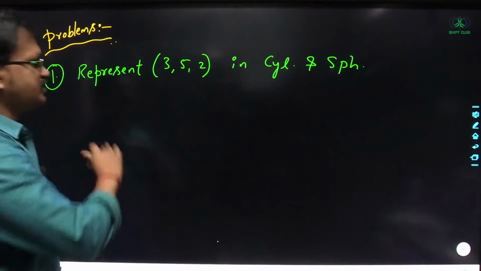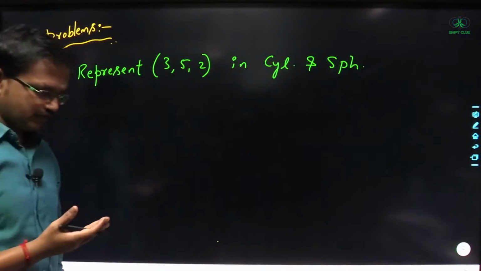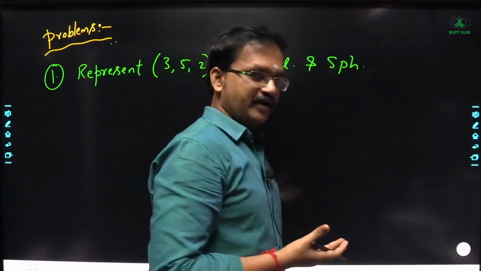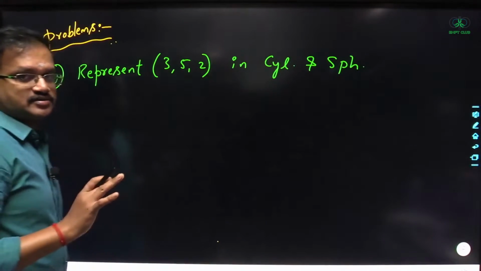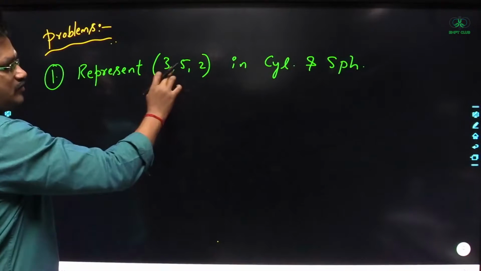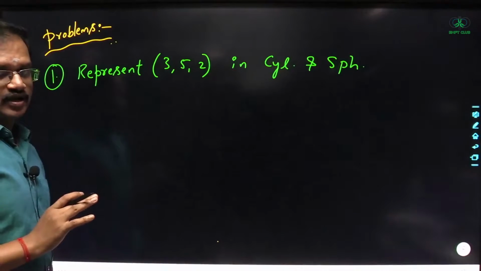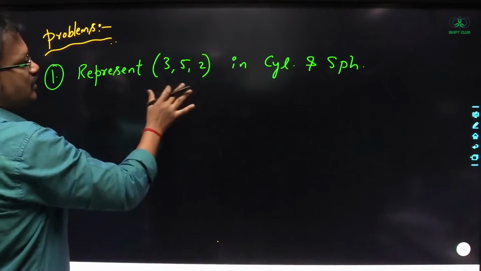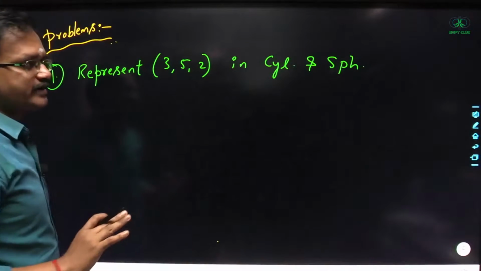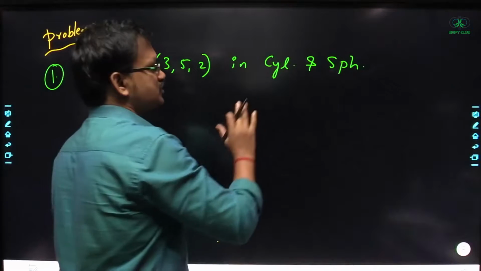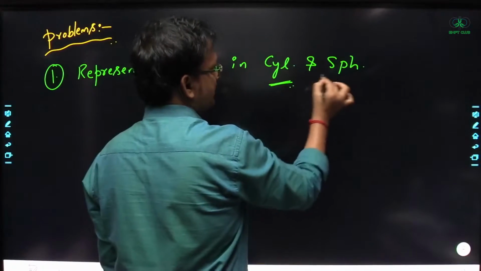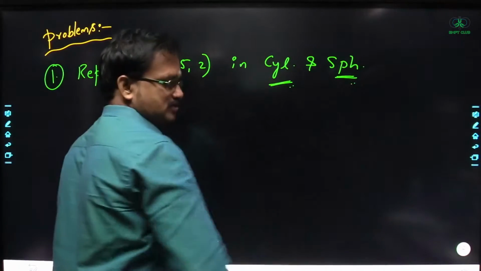Whenever they have given the coordinates, you have to identify which coordinate system it is. Here they have given 3, 5, 2, which means it is the rectangular coordinate system. They have given the coordinates in the rectangular coordinate system, and they are asking us to determine them in terms of the cylindrical and spherical coordinate systems.